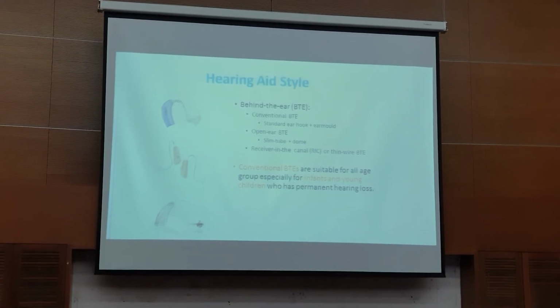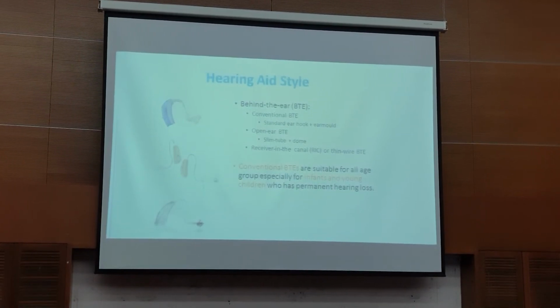If it is more severe, then you choose a dome for that severe to profound loss. Okay, but of course this cannot be replaced for very profound losses. For profound losses, you will still ask them to wear the one with the ear mold, the full shell, because we want to give high power, right?